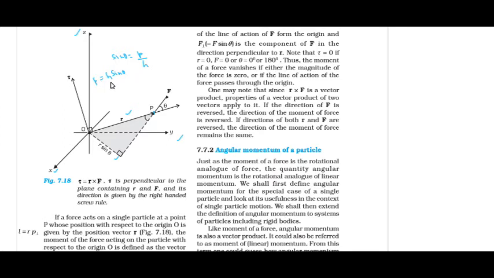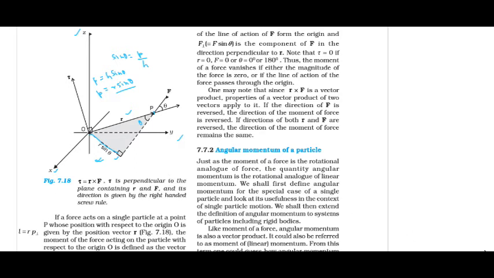What is the value of the hypotenuse? It is r. So the perpendicular, in this case this line, has the value r sine theta. In this way we have found it out. Because this angle is theta, this angle is also theta, vertically opposite angle.